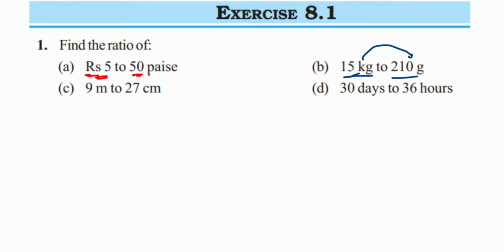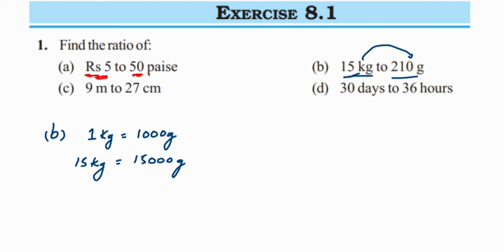For the second one, we have 15 kg. We know that 1 kg is equal to 1000 grams, so 15 kg will be equal to 15 into 1000, that is 15,000 grams. Now we're going to find the ratio.